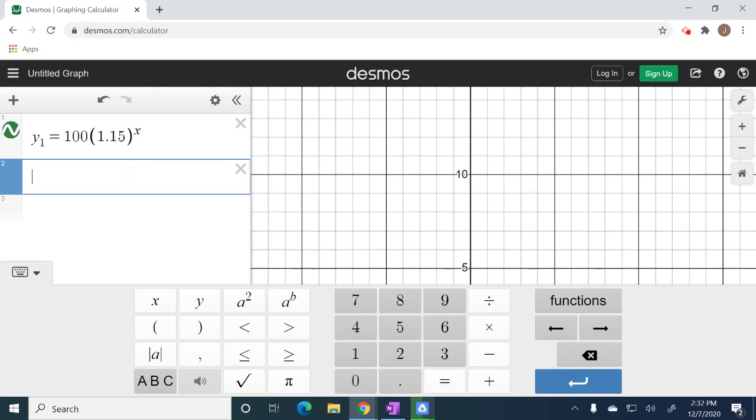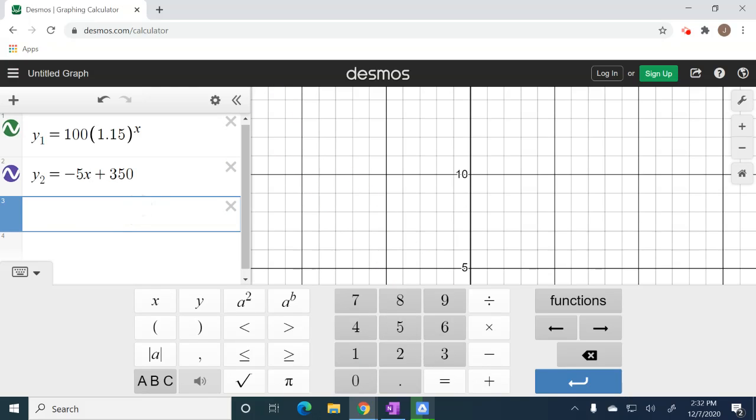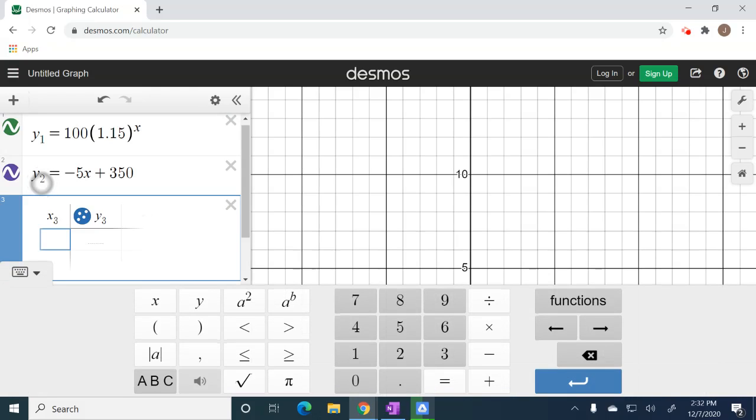And in my y2, I'm going to type in negative 5x plus 350. So those are my 2 functions, and now I want to make a table for those functions there.